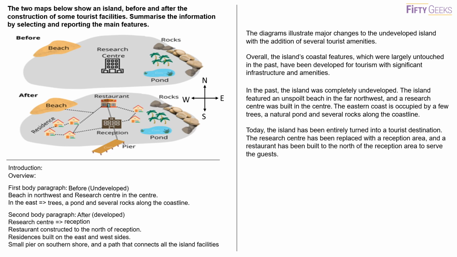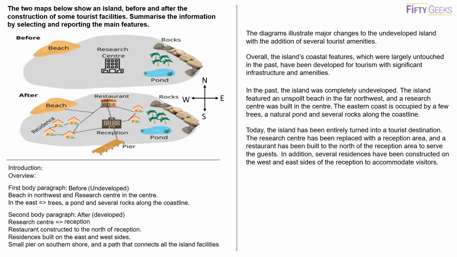Then I will write about the residences built on the east and west sides. I will write, in addition, several residences have been constructed on the west and east sides of the reception to accommodate visitors.